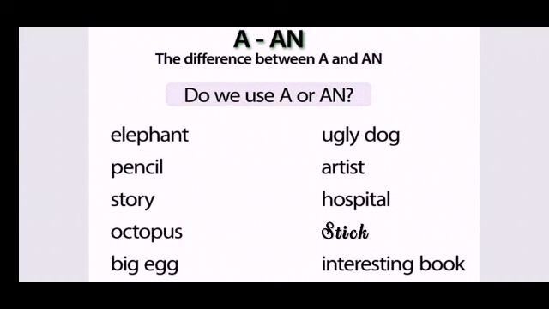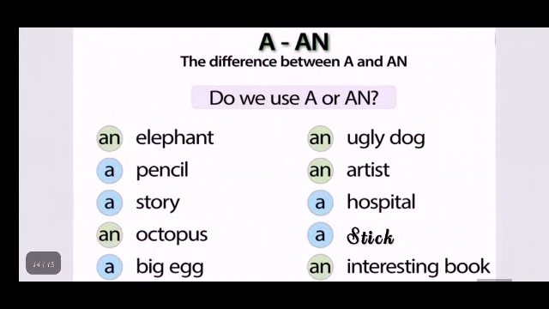Check our answer. Yes. An elephant, a pencil, a story, an octopus, a big egg, and before ugly dog, what was it? An ugly dog, an artist, a hospital, a stick, an interesting book.